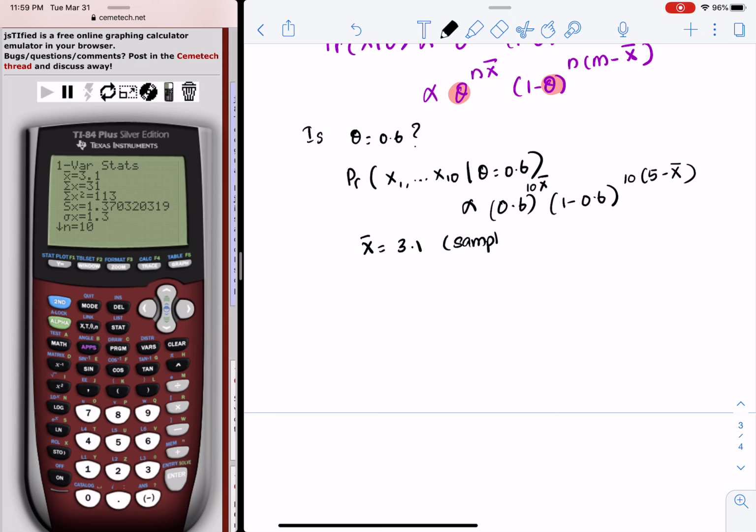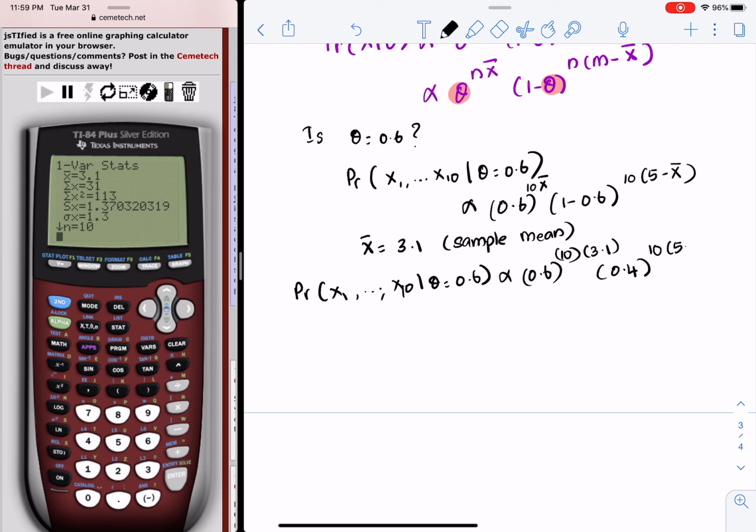Now, of course, we can't have 3.1 individuals, so we typically round to the nearest integer, but I'm not going to do that here because I'm focused on the likelihood. So I'm simply going to write it as 0.6 raised to 10 times 3.1, and 0.4, since 1 minus 0.6 is 0.4, raised to 10 times 5 minus 3.1.